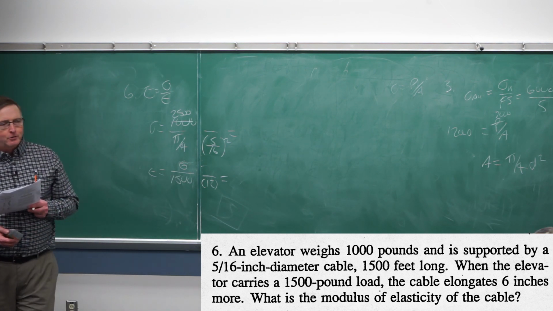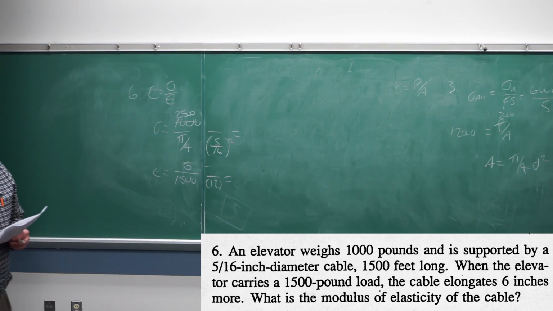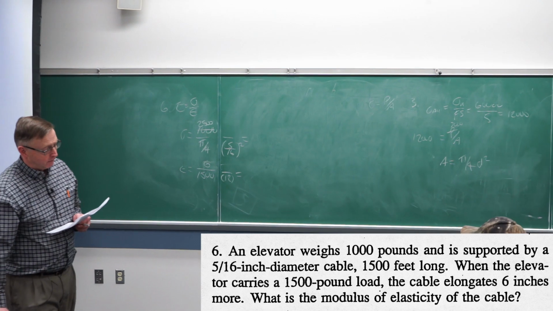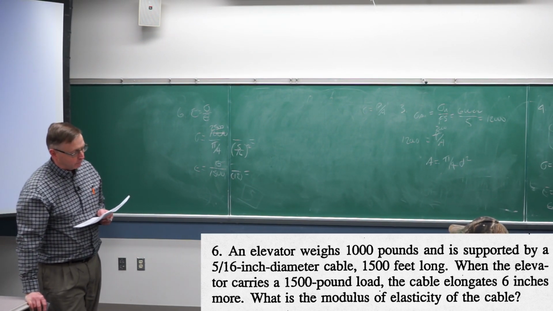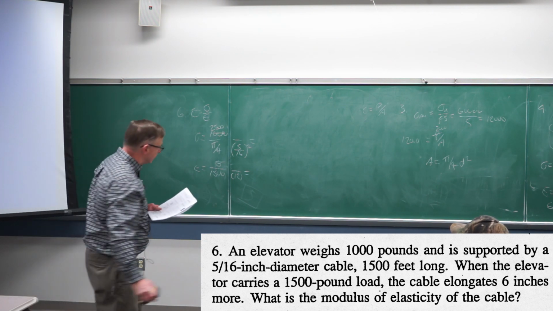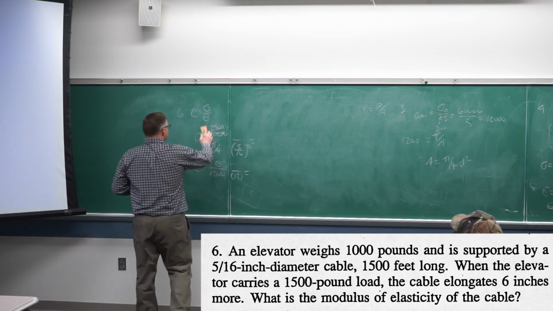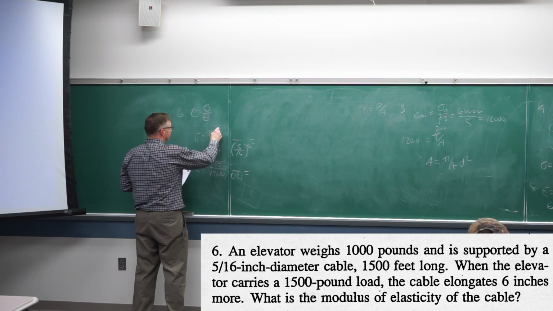So it's only elongating from the weight added. The elongation information is only from the weight added to the elevator, which is 1,500. Boy, you got to read those pretty carefully then, huh? So we go 1,500 instead of 1,000. I hope that's not how the actual is.